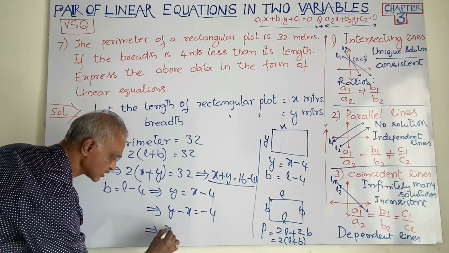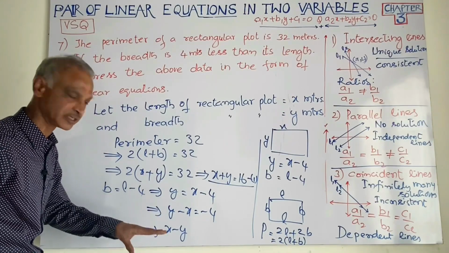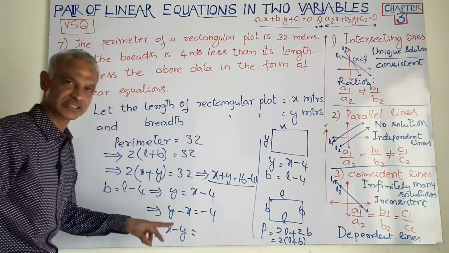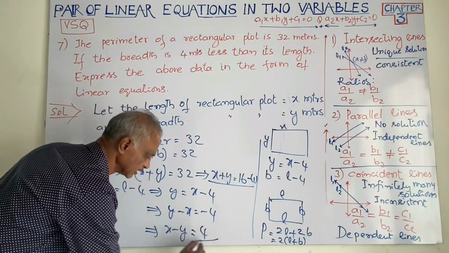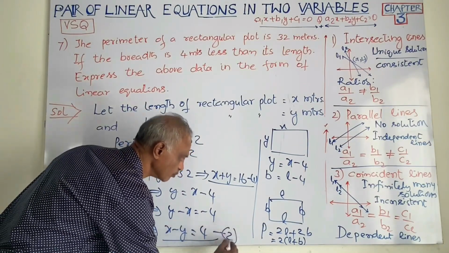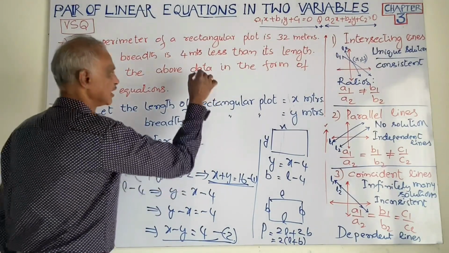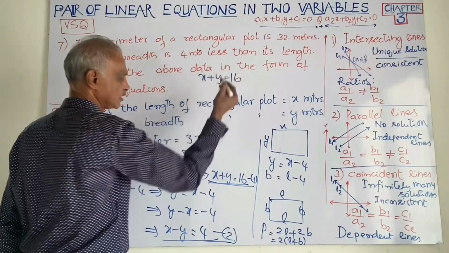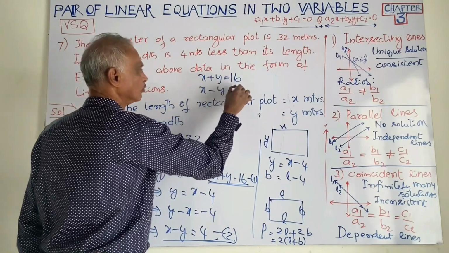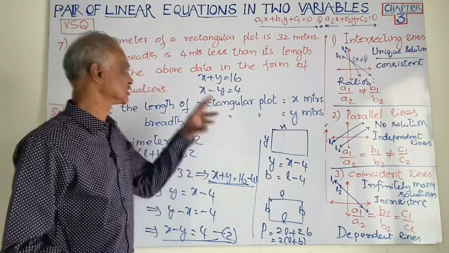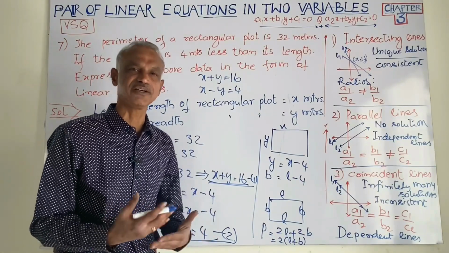Reversing it, y minus x can be written as x minus y, and you remove the minus, so x minus y is equal to 4. This is equation number 2, and this is 1. We have two equations: x plus y is equal to 16 and x minus y is equal to 4. In the next problem, we will solve these two equations by elimination method. Then you can find the value of x and y.